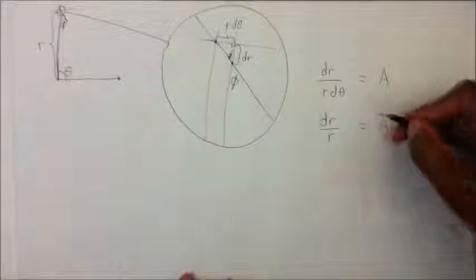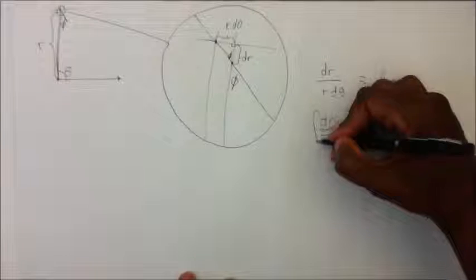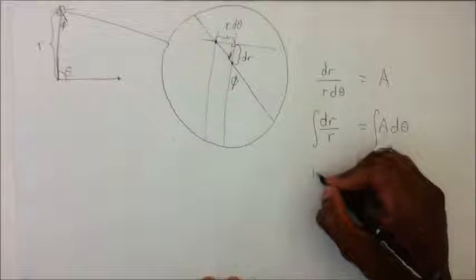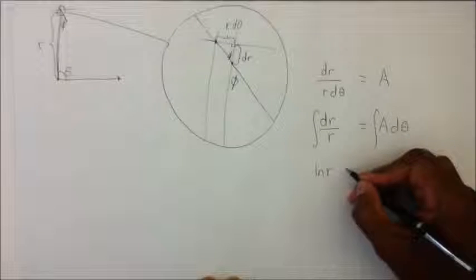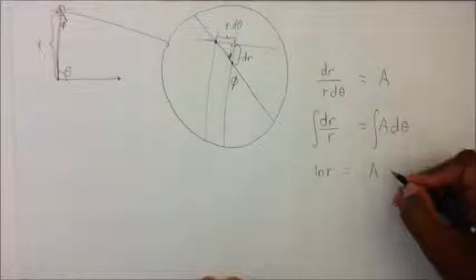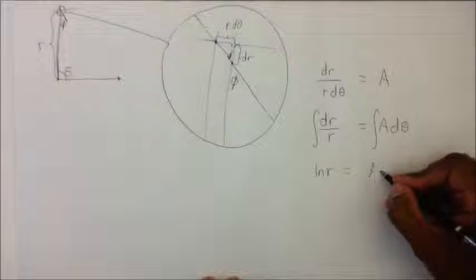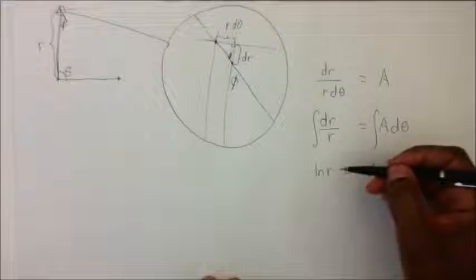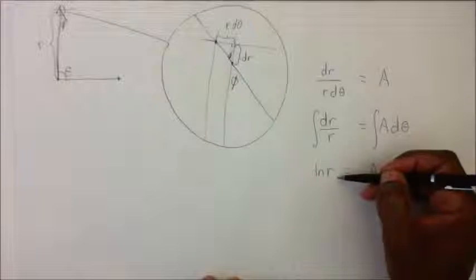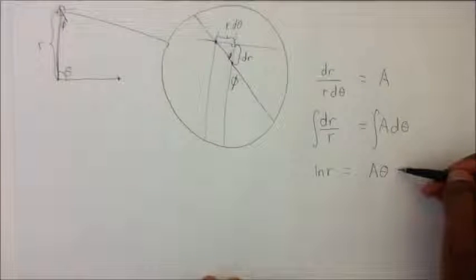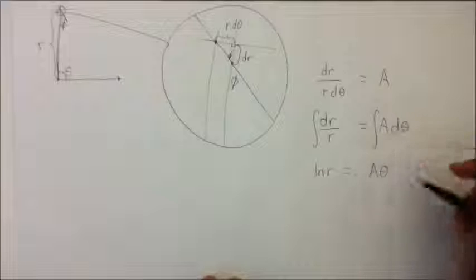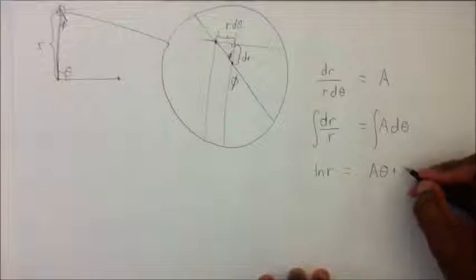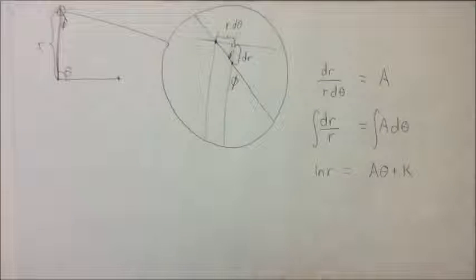So now I can integrate that, and when you integrate 1 over r dr, I get the natural logarithm of r is equal to a times theta. Now there's a constant which we add in here, but we're going to just subtract that constant from this side and subtract a portion of it from the other side, and the new constant, we'll just call that k. So now what can I do?